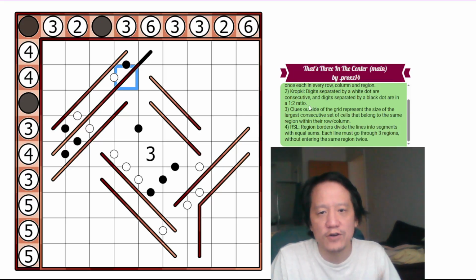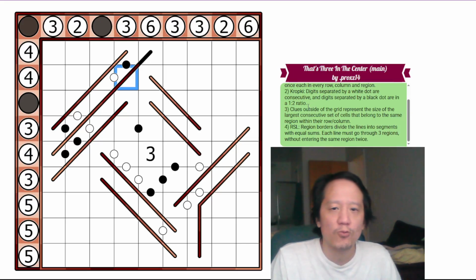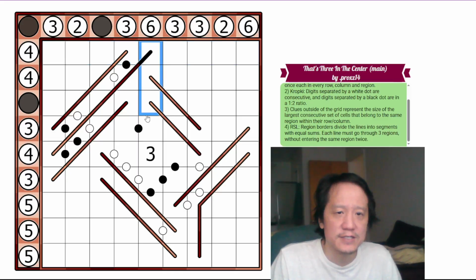We also have clues outside of the grid that represent the size of the largest consecutive set of cells that belong to the same region within their row or column. So this 6 is saying that the largest contiguous set of cells that belong to the same region must be 6 in this column. So you could have 6 here, and they're in the same region, or 6 here.